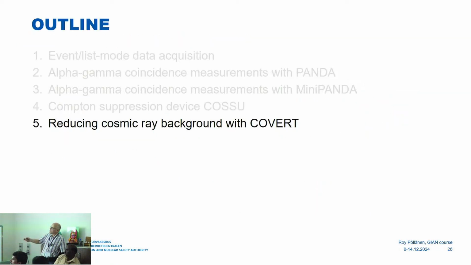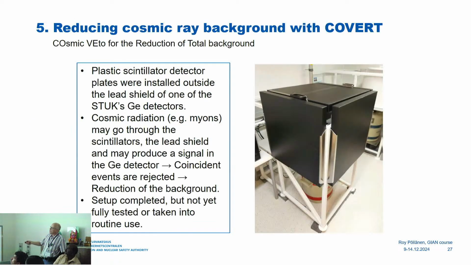So, one more system. We can reduce the cosmic ray background by using this system. As you know, cosmic rays are coming to ground level, and we can detect these signals in gamma ray spectrometry. But in this case, the scintillation detectors are outside the germanium.